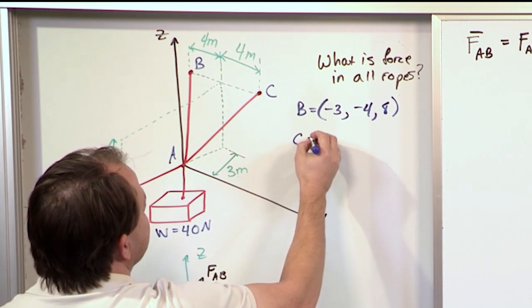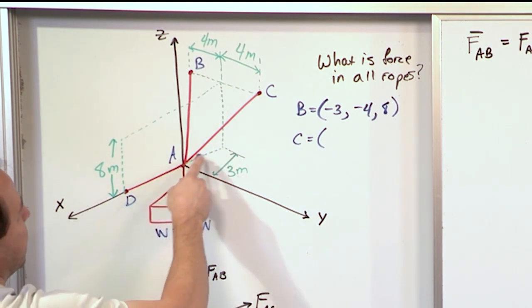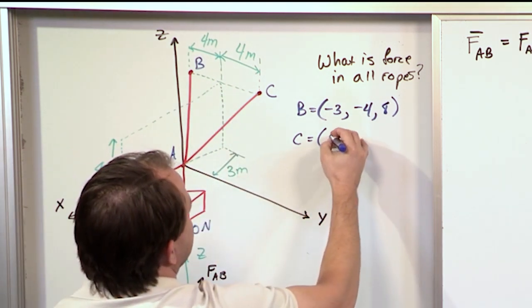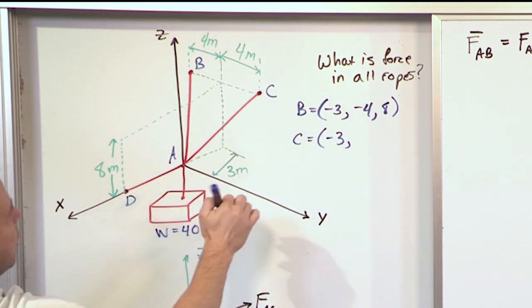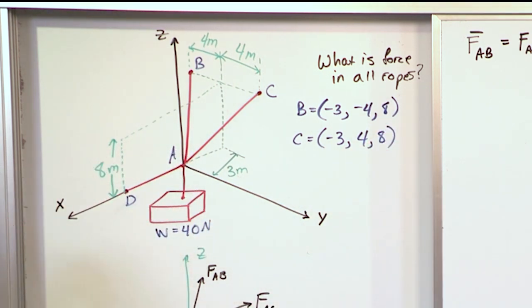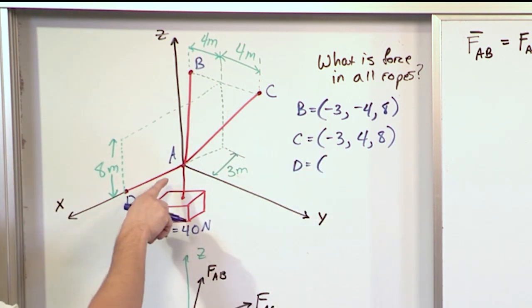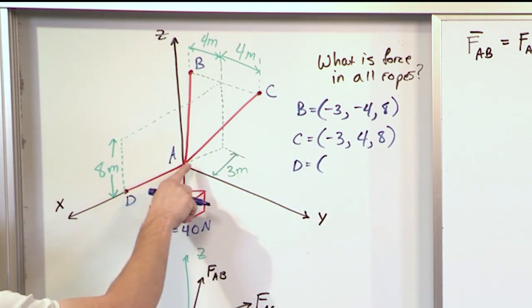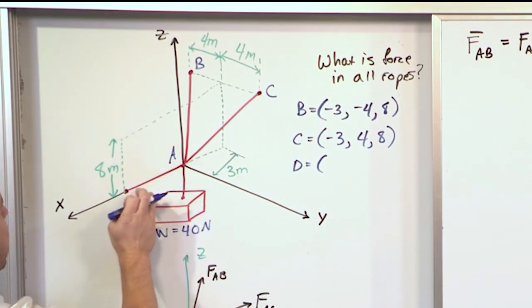The point C is very similar, a little easier to read actually. The x component again goes back -3. The y component now is positive along y, so +4, and the z component is the same, 8. Now what is D over here? What is the x component of point D?